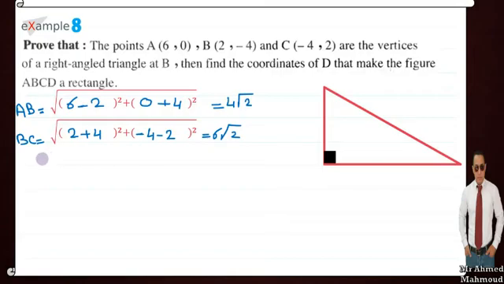And AC equals (6 plus 4) to the power of 2 and (0 minus 2) to the power of 2, equals 2 root 26.